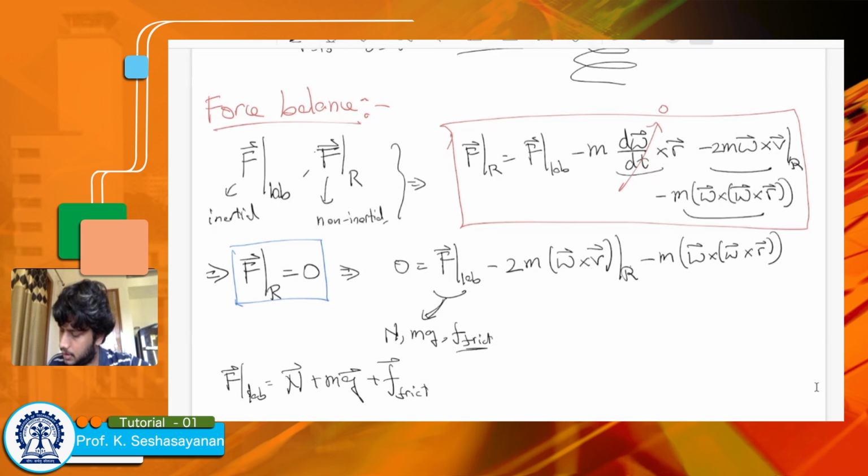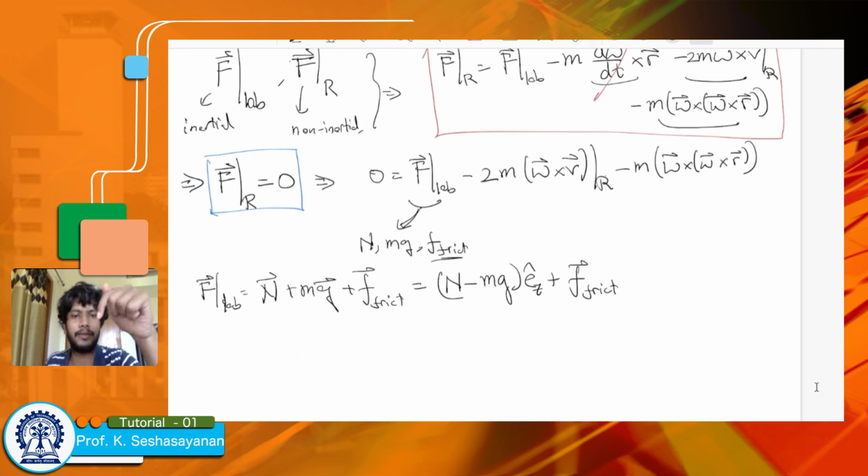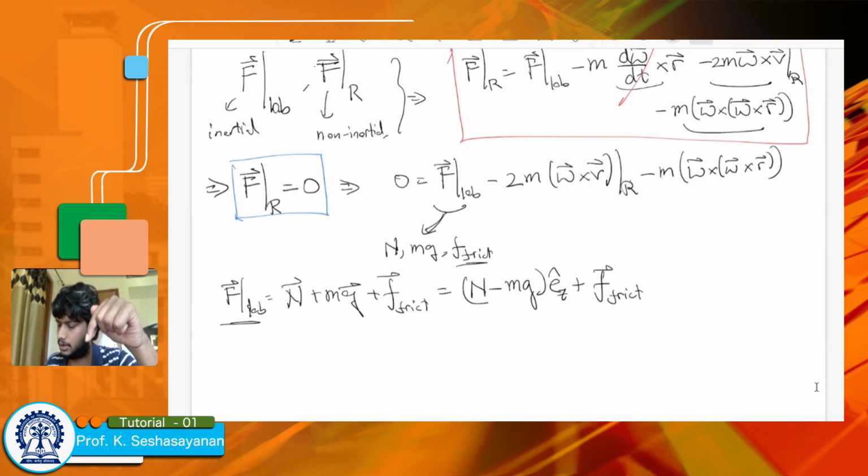Now we know that the normal force is in the z direction, and the mg force in the minus z direction. So we'll write this as N minus mg times ez hat plus the frictional force. This is just to write down the expression for F, the total force acting in the lab frame, or the inertial frame.